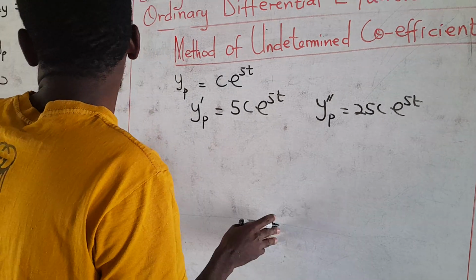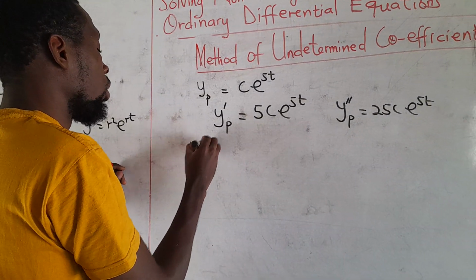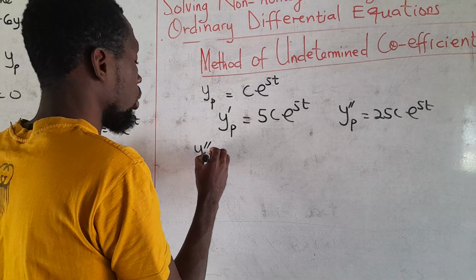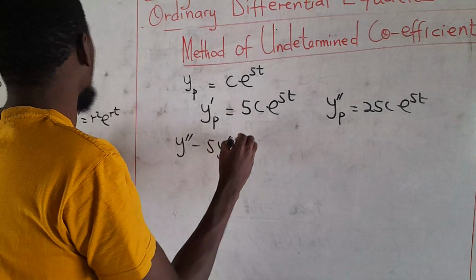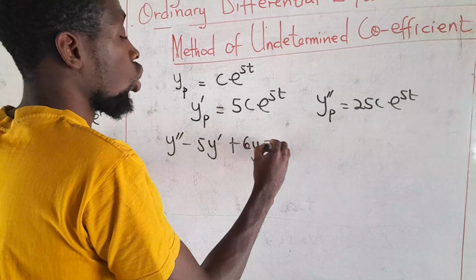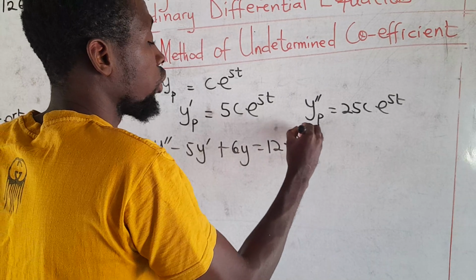What do we do? We substitute into our problem y'' - 5y' + 6y = 12e^(5t).